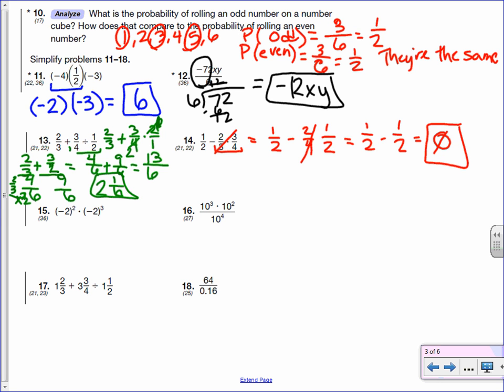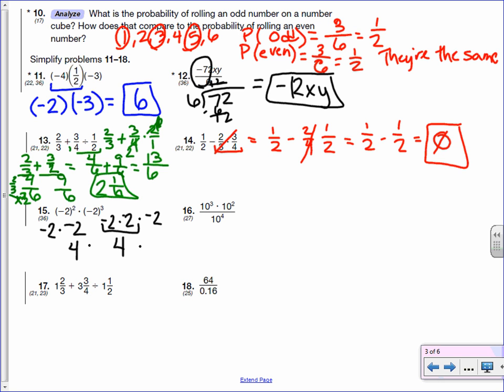Negative 2 squared means negative 2 times negative 2, which is 4. It's positive 4 because the signs are the same. And then we have negative 2 cubed, which is negative 2 times negative 2 times negative 2. Well, this first set here we know is 4.